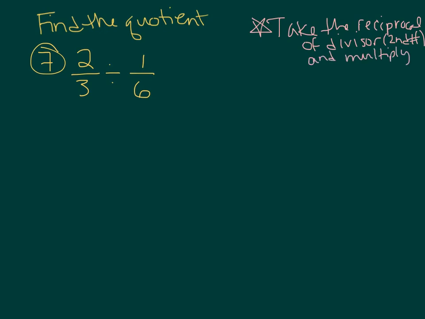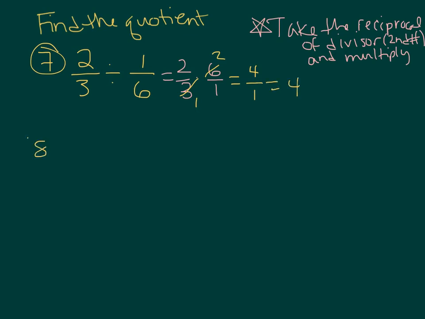So I'm going to take the reciprocal of the 1/6, which gives me 6/1. Now I'm going to change it to multiplication, and that's all I really need to do on that. You can cross cancel from there. The final answer that you get is 4/1, or just 4. So hopefully that was easy.